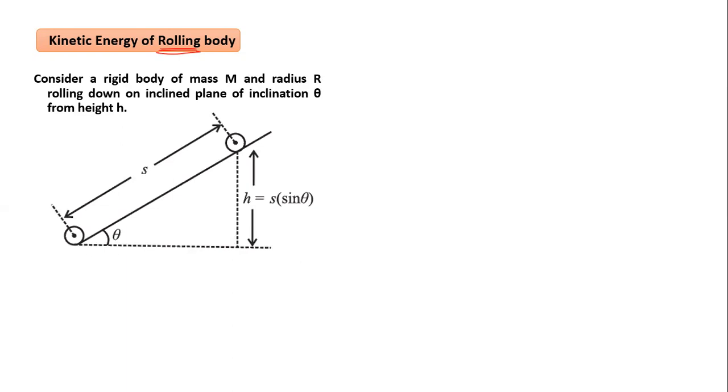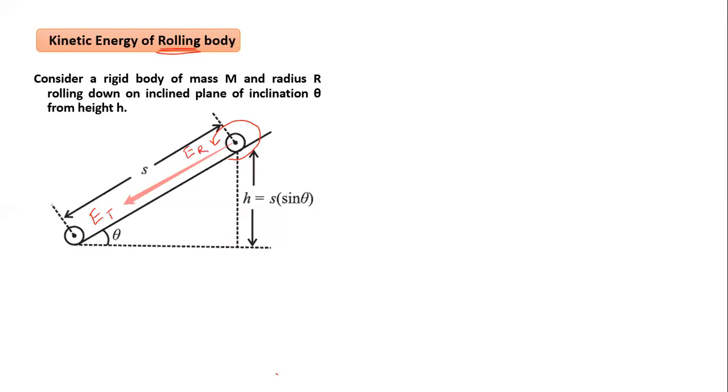This body is coming down. When this body is coming down, remember one thing: this body is moving in a straight line, so it has translational kinetic energy, which means straight-line kinetic energy. As well as this, the body is rotating, so it has rotational kinetic energy also.